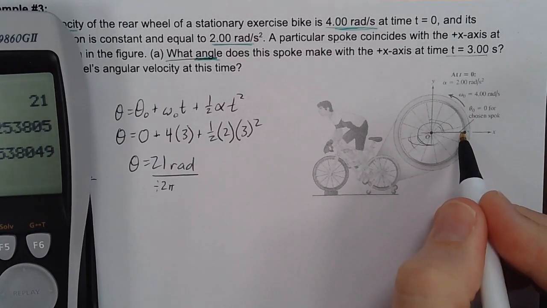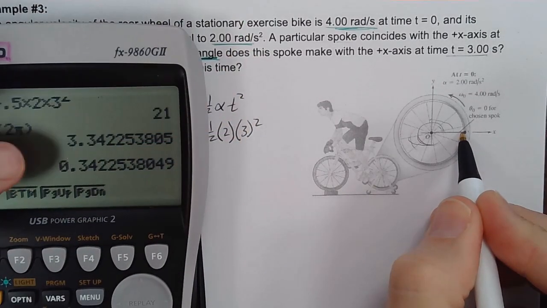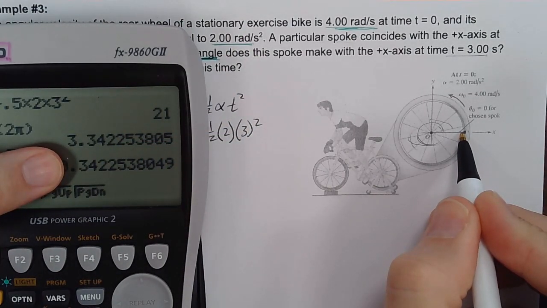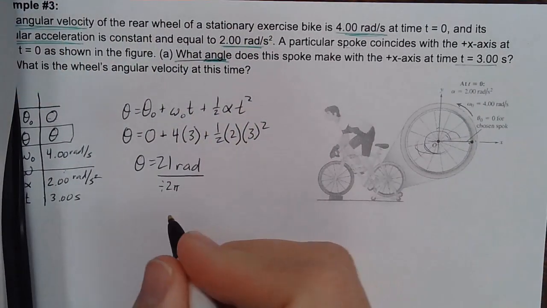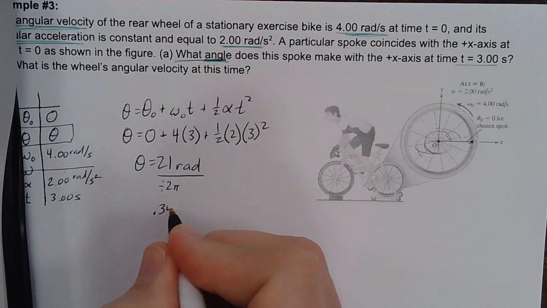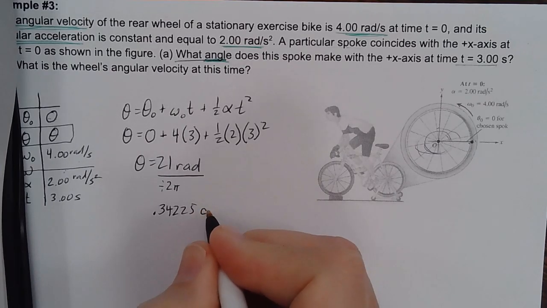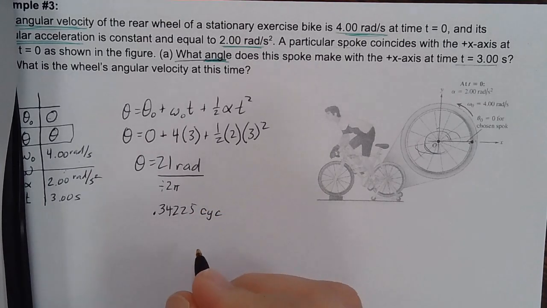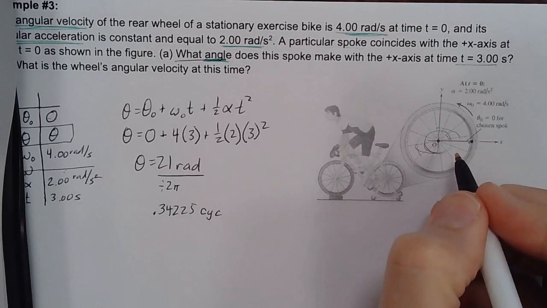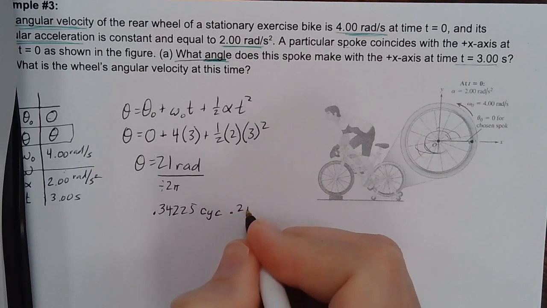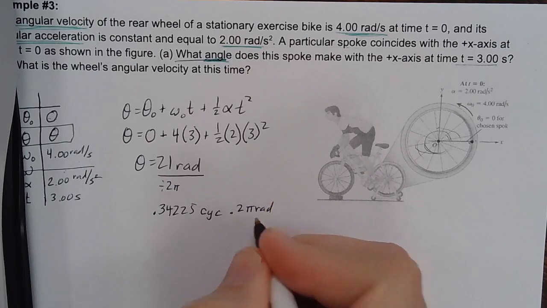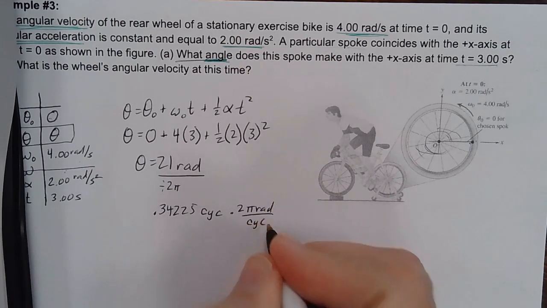So that goes 1, 2, 3. And now I'm back here, and now I need to do 0.3422 more cycles. And in order to turn that into radians to get the angle, I'm going to multiply by 2 pi radians per cycle.